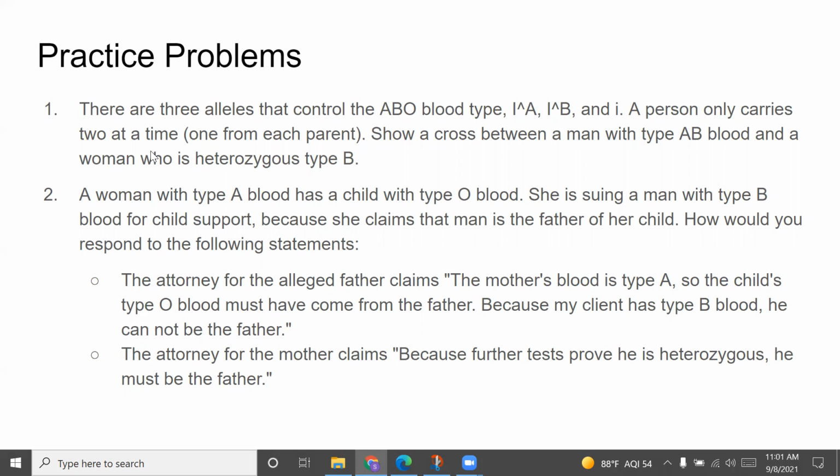All right, mom is what kind of blood? A. If she has a child with... okay, so she might have both. Okay, so thinking that he might be the father, who will this child be?